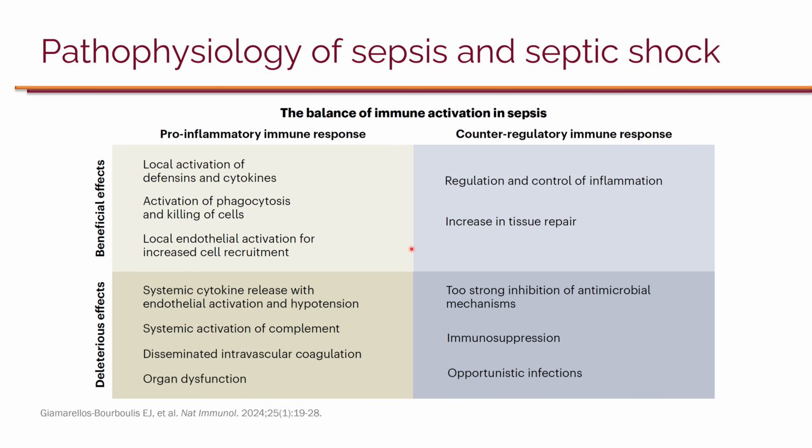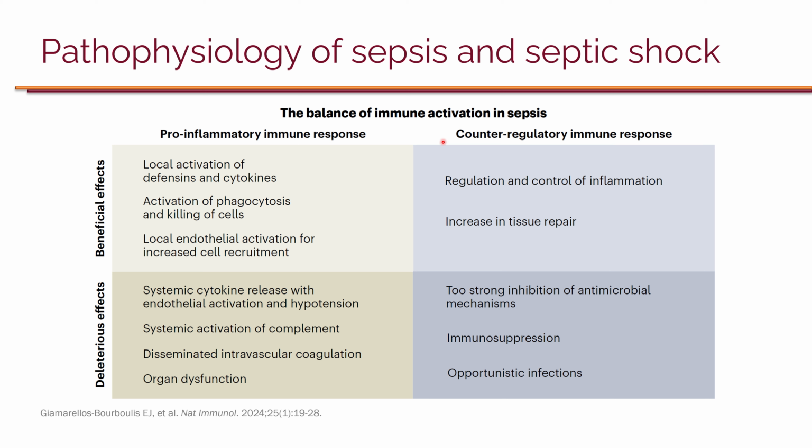Now, the core of the pathophysiology of sepsis is twofold. On the one hand, there is pro-inflammatory response. So essentially, in the acute setting, inflammation is a defensive mechanism for the body when fighting infection. And then on the other side of it, there is somewhat immunosuppression involved with this patient.